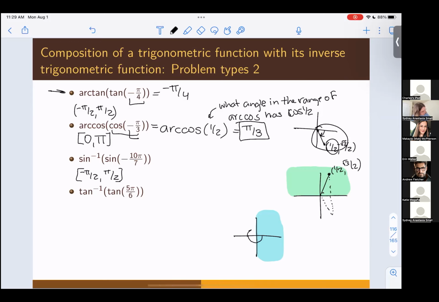And if you think about it, it's not quite to this point because that would be negative 10.5 pi sevenths, I believe. So we're not quite there. We land in quadrant 3. So here's our angle. Let's call this negative 10 pi sevenths.